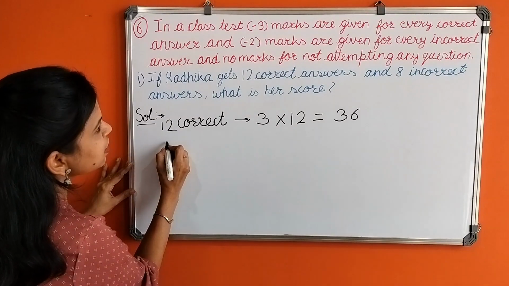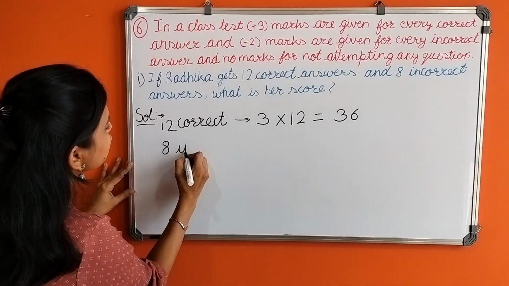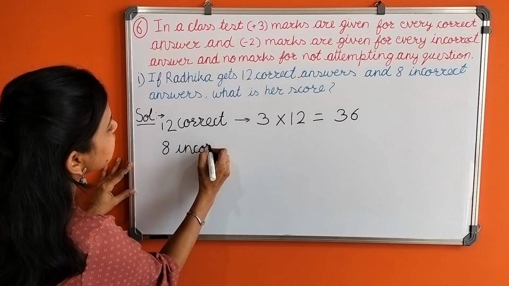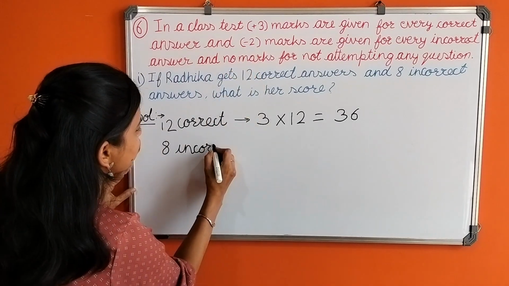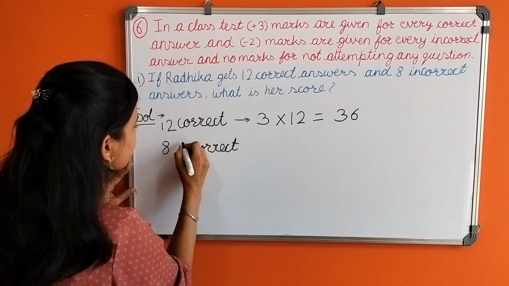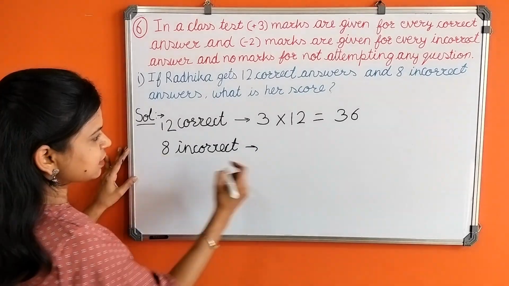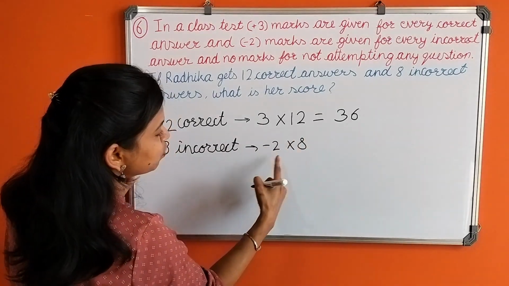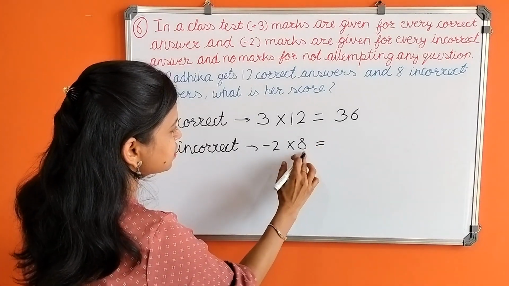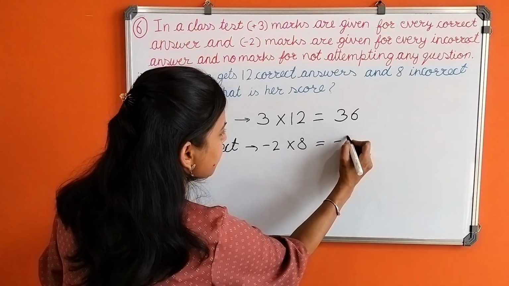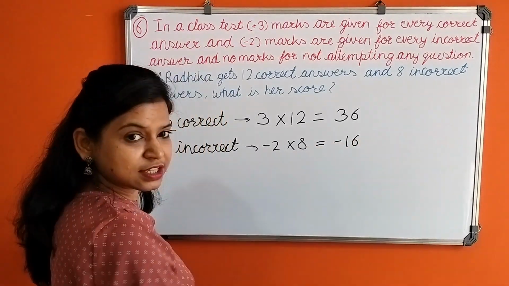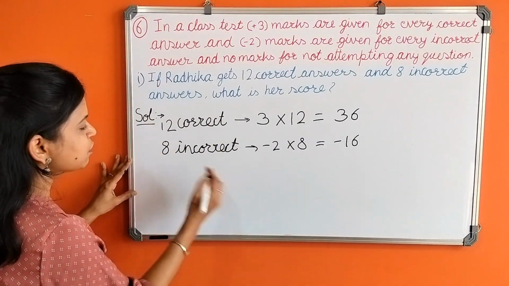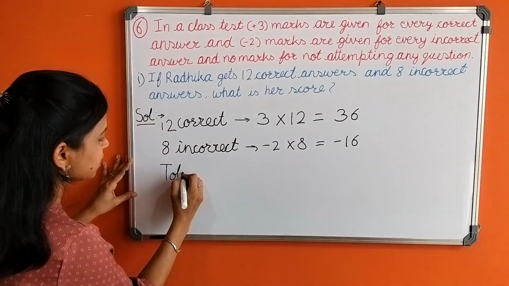And for incorrect answers, for one incorrect answer, she will get minus 2 marks. So for 8 incorrect answers, she will get minus 2 into 8. So that is minus 16. Now what is her total score?